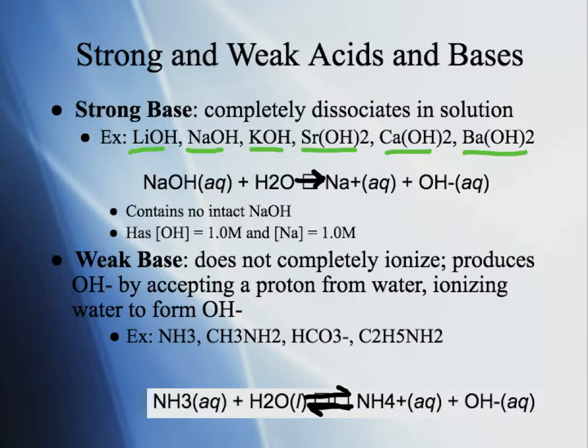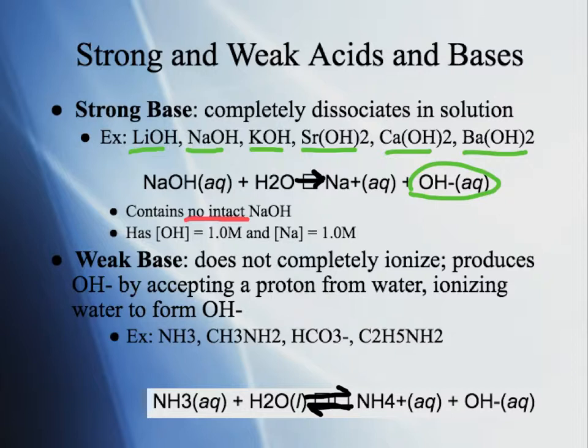These are what we call, remember, Arrhenius bases, where when we put them in water, they're going to completely dissociate to make this hydroxide ion. So a strong base, just like a strong acid, we're going to get no intact base molecules. NaOH, for example, is going to completely dissociate into Na plus and OH minus.